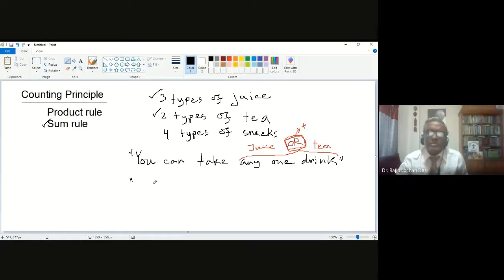That is true. But in simplified form, we are not considering that thing. We write any one drink, so everybody will understand either juice or tea. So generally we call or the sum rule, or means addition here.